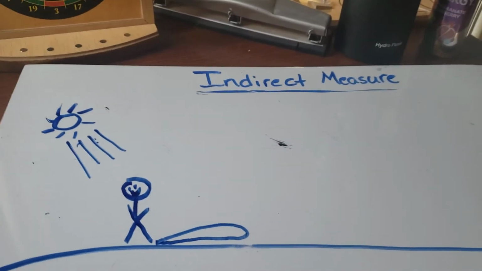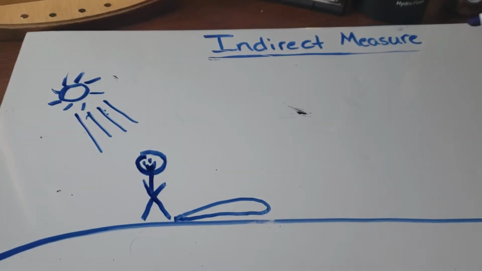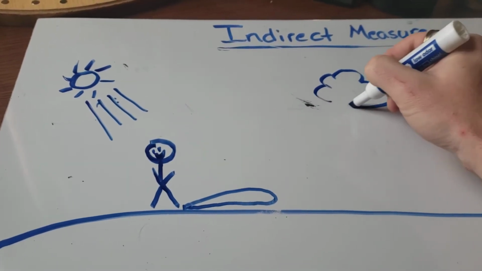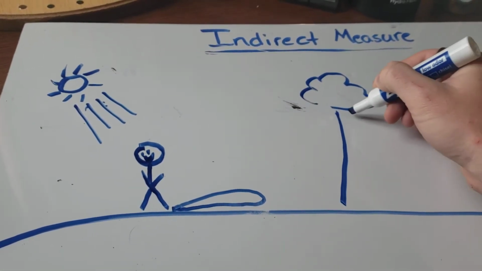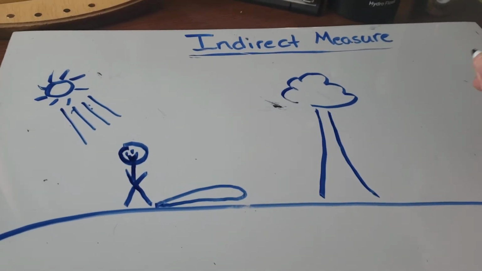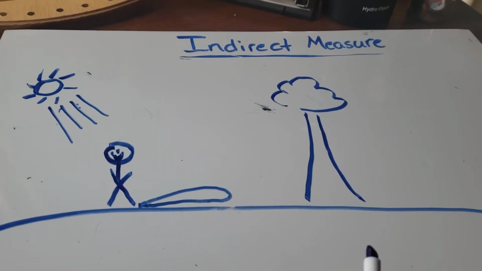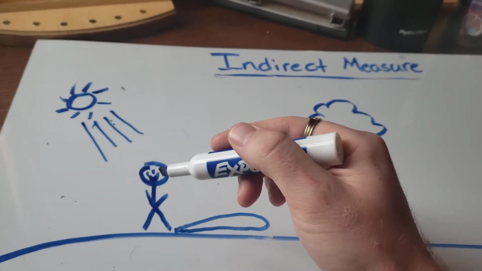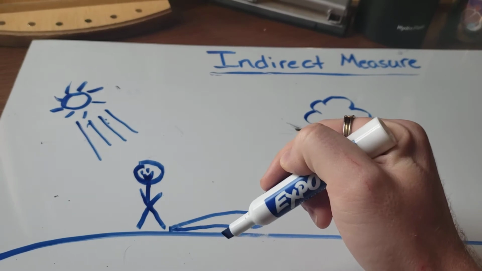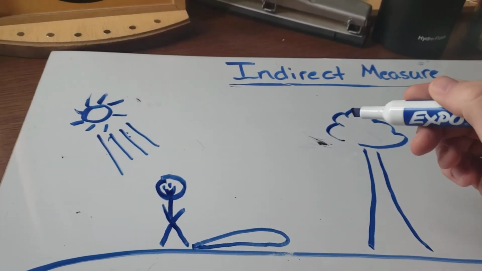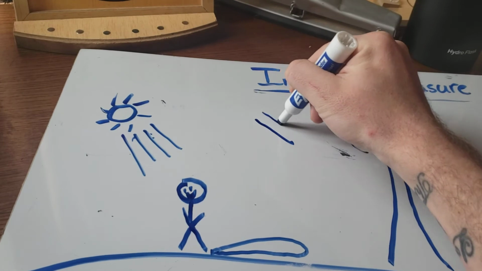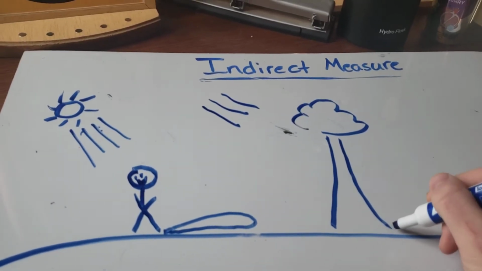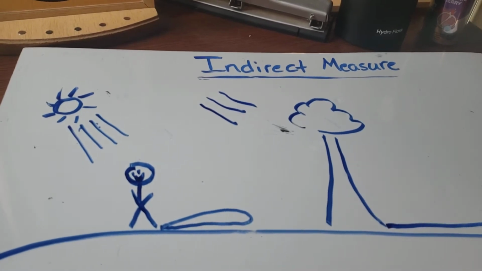Okay, so let's say you're standing next to a big old tree that is much too tall to measure with any sort of standard instrument. The way that the sun is hitting you is hitting this tree at the same exact angle. So because of that, the tree's going to have a shadow as well.